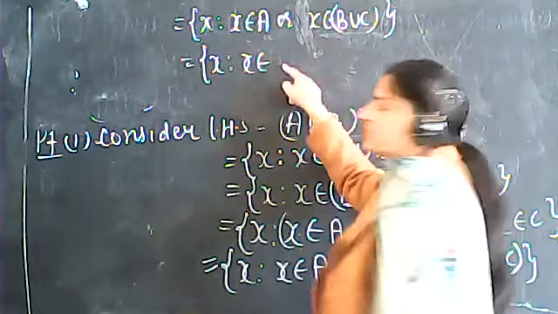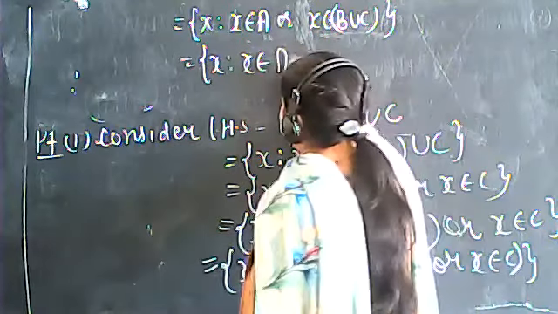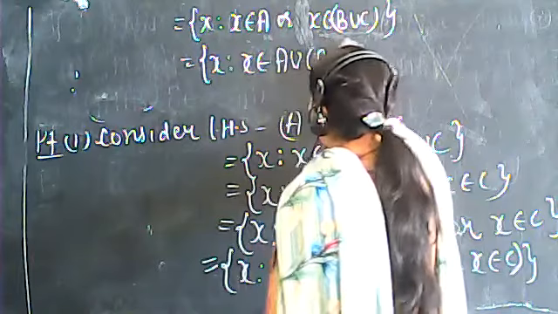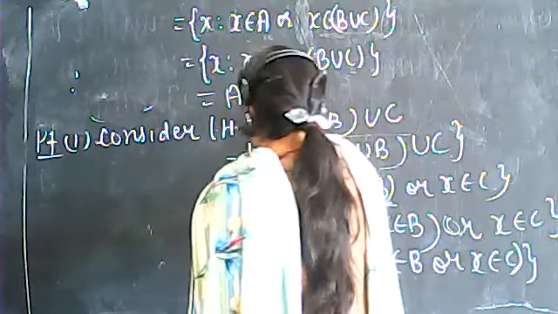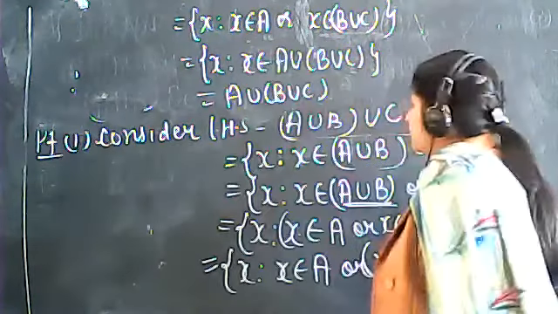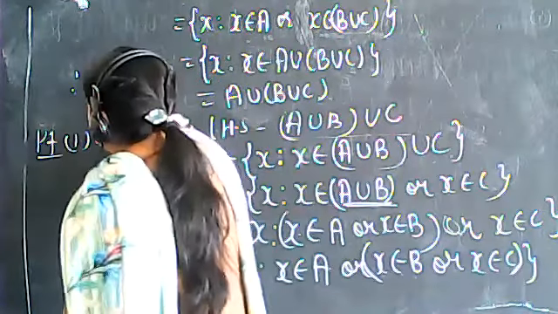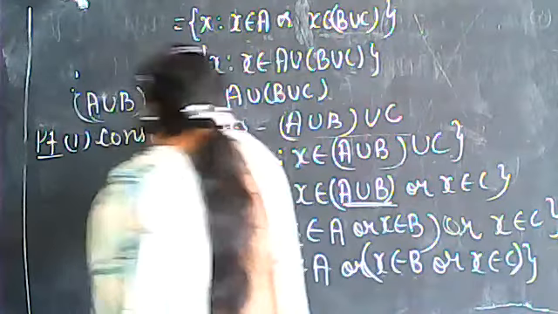Or will be replaced by union. So X belongs to A union B union C. So this is what we want to prove. So from this step, you can say left hand side is equal to right hand side.